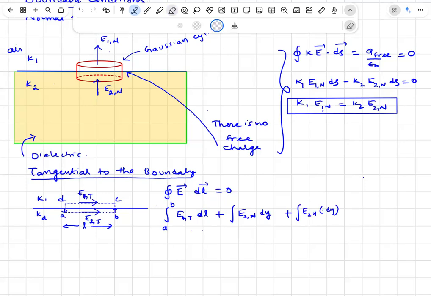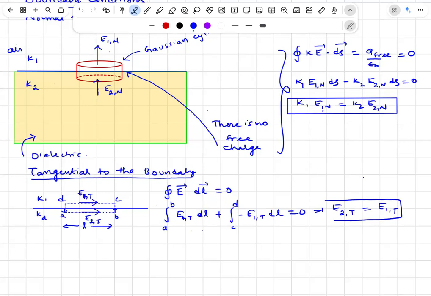So that is the reason why I don't want to add even these two terms. Anyway, they'll get cancelled. Plus C to D, which clearly implies always E2 tangential is E1 tangential.